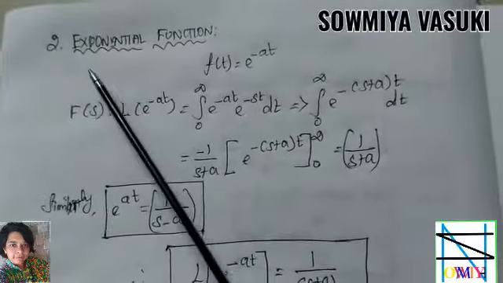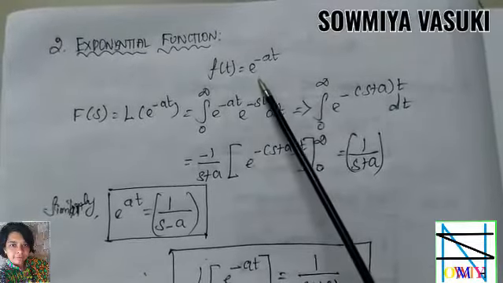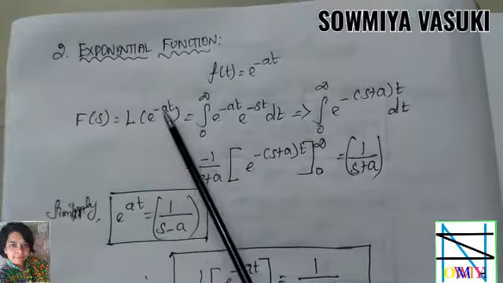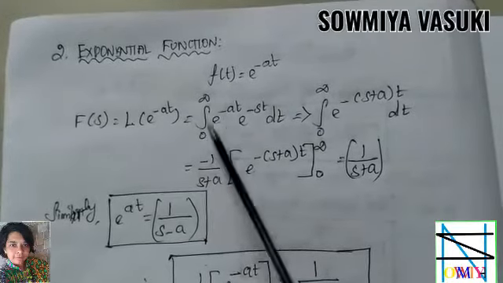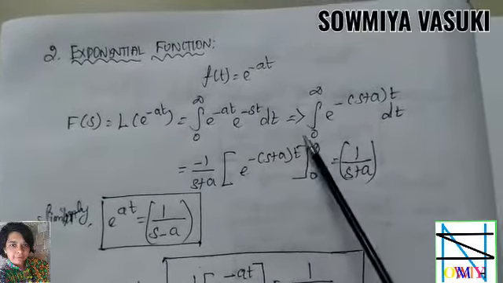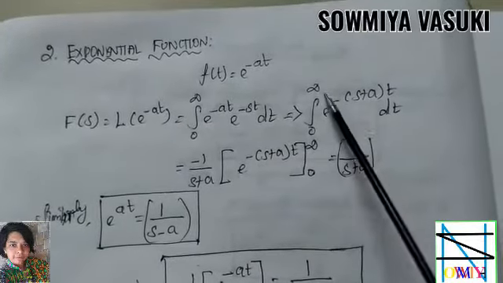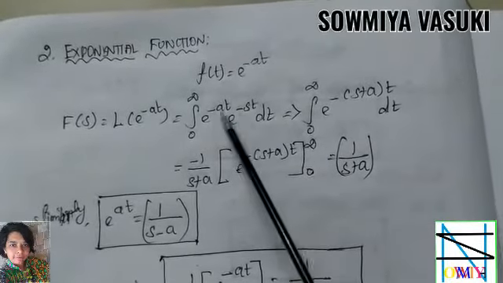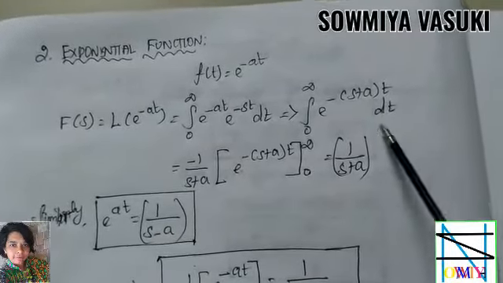The second one is exponential function. f of t is equal to e power minus at. F of s is equal to L of e power minus at is equal to integral from 0 to infinity e power minus at into e power minus st into dt. So integral from 0 to infinity e power minus of s plus a into t dt.